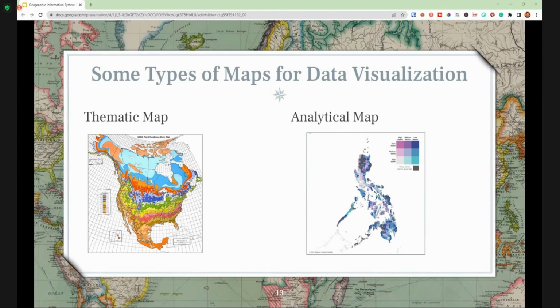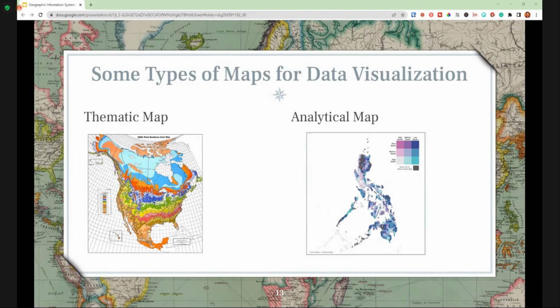Since it's bivariate, we have six colors here. This map shows which areas would be wealthy and at the same time would have high speeds of internet.